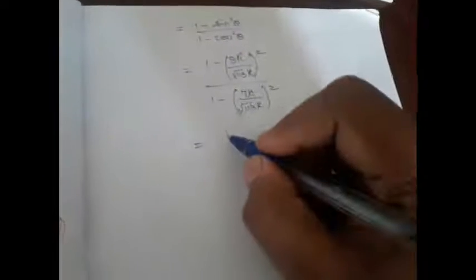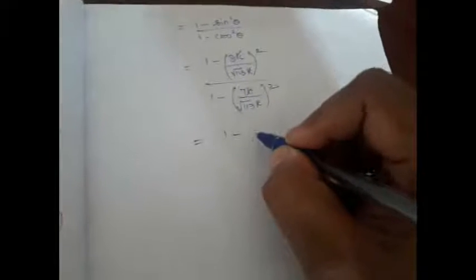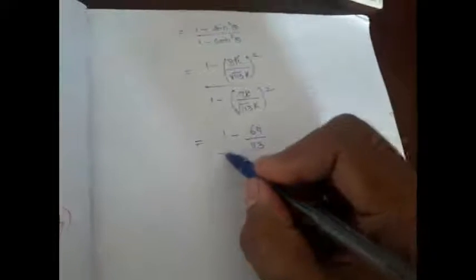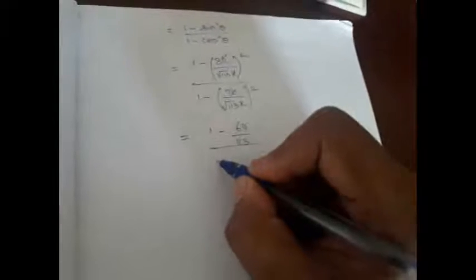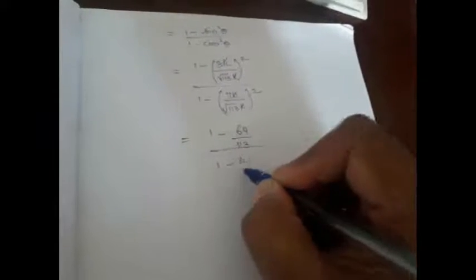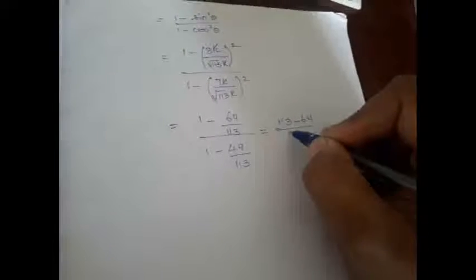So it will become 1 minus 8 8s are 64 divided by 113, because it is inside the root. If you square it, the root will vanish. 1 minus 7 7s are 49 divided by 113. Now you have to take LCM. 113 minus 64 divided by 113, the whole divided by 113 minus 49 divided by 113.